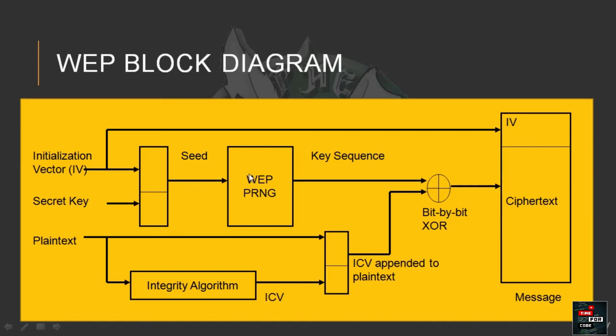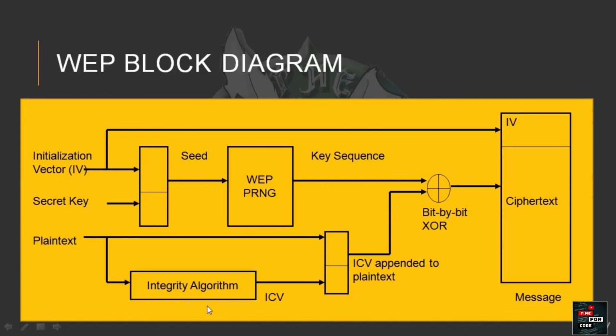This forms the seed to the pseudo-random number generator used by WEP. This then results in a key sequence which is XORed, bit by bit, with the plain text. Well, not exactly the plain text, it's the plain text appended with an ICV, integrity check value.